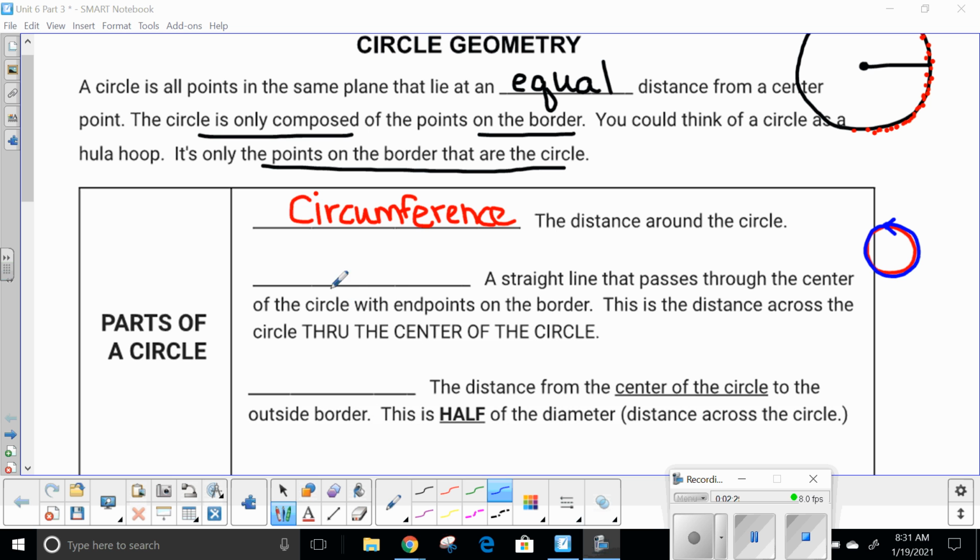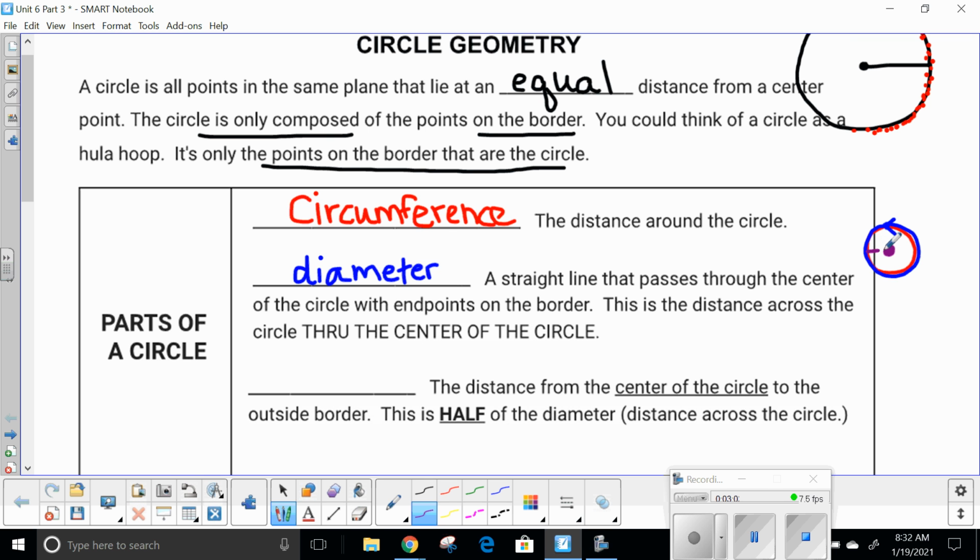Then we have what's called diameter. D-I-A-M-E-T-E-R. Diameter is a straight line that passes through the center of the circle with the endpoints on the border. So for example, if this was the center of this circle right here, this dot, I'm going to make it really big to emphasize, it's like a belly button.